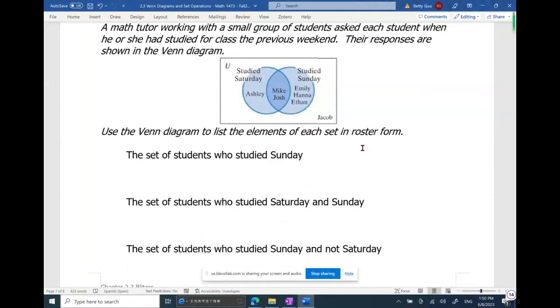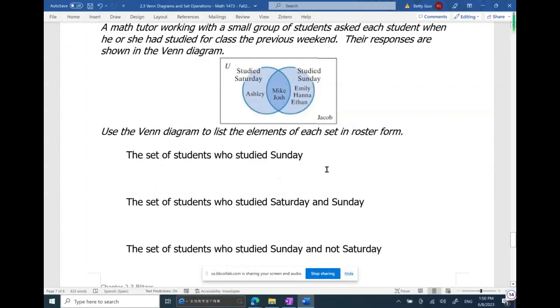It's a very efficient tool. As you can see, in the universal box, we have two circles. The circle on the right represents the set of students who studied on Sunday. The circle on the left represents the set of students who studied on Saturday, right?